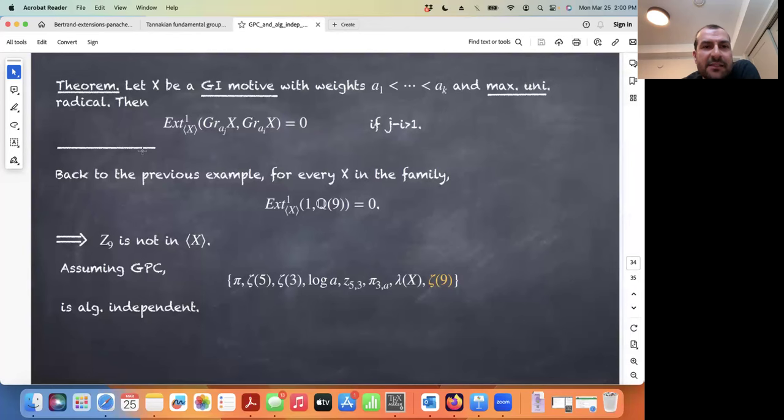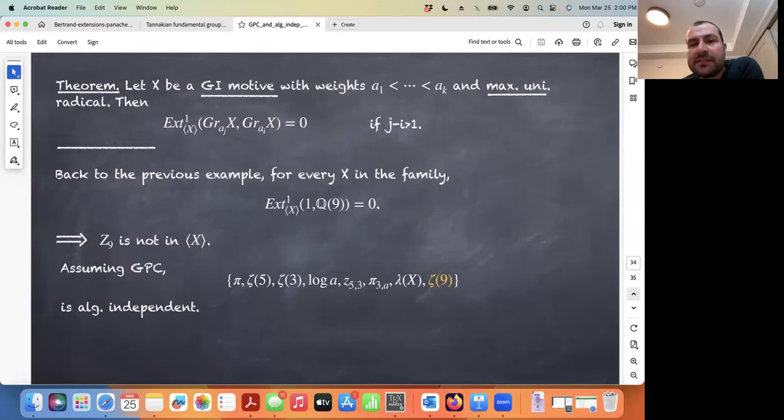Here's another interesting result: if you have a graded independent motive with these weights and maximal unipotent radical, assume that your motive has maximal unipotent radical, then now I'm looking at the X1 groups in the category generated by X. So here I have a J piece and an I piece, and these are not consecutive pieces. J minus I is bigger than 1. These X1 groups all vanish, and both conditions, graded independence and maximal unipotent radical, are crucial here.